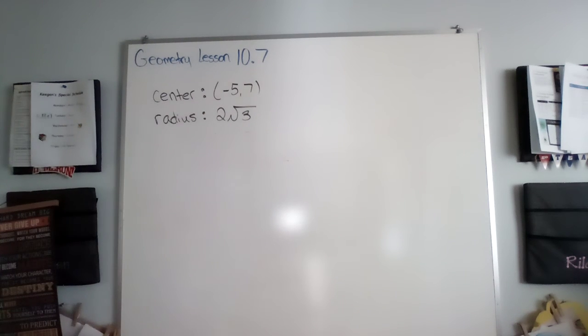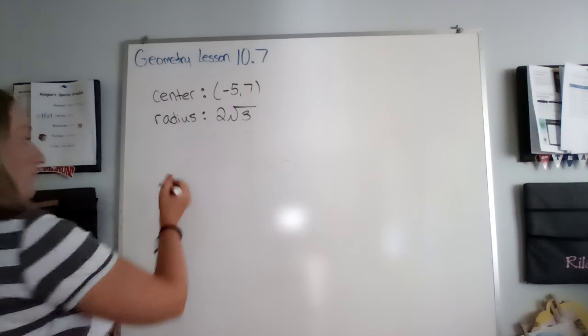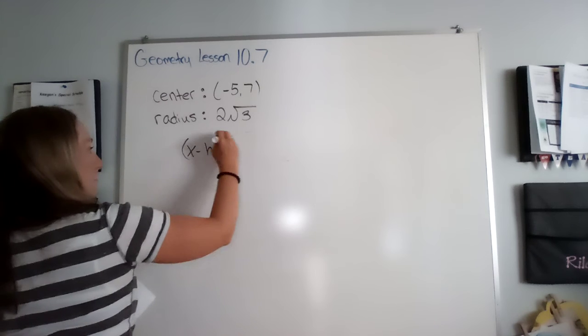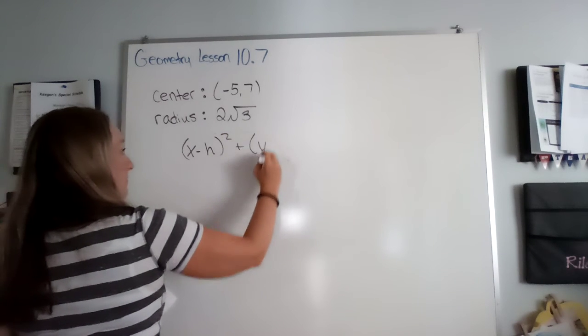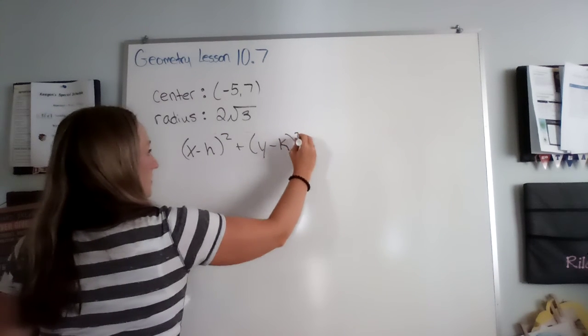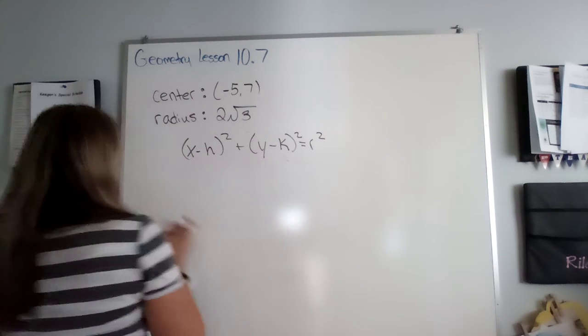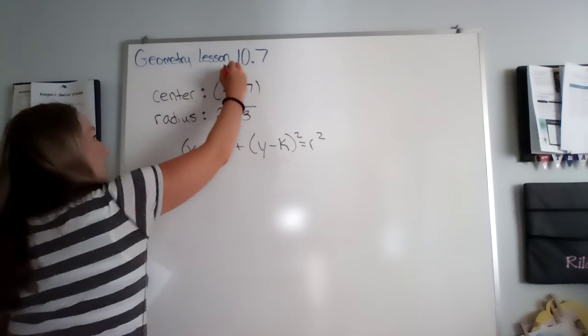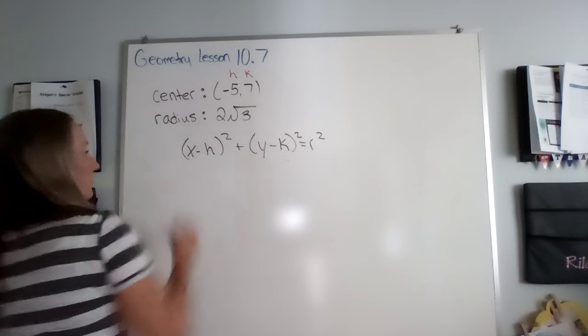Okay, so if I asked you to write the equation, hopefully you'd start by writing (x - h)² + (y - k)² = r². Your center is given, so that's your h and your k, and your radius is given.